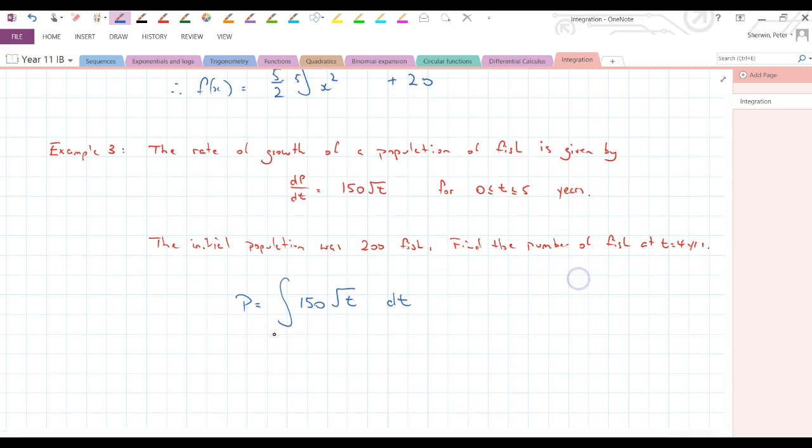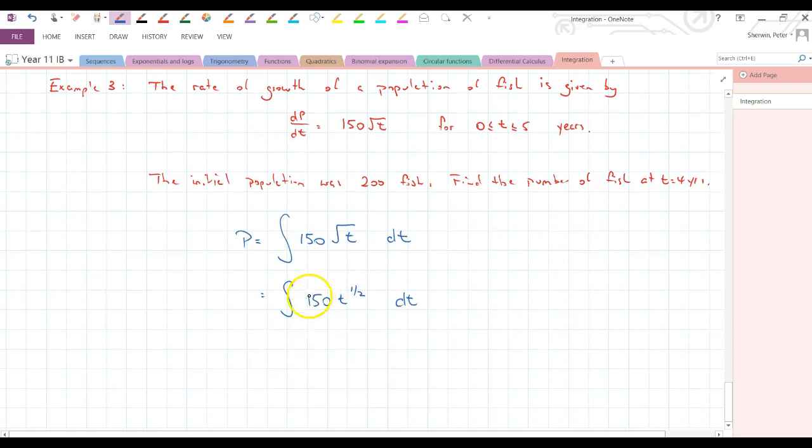Right, so let's do that. Let's firstly get it in integratable form, 150 T to the power of a half dT. When you've got big constants like this, let's get it into better integratable form. Take it out the front so we're not worried about it. You'll often find that you'll have a function to integrate, and it's going to be a lot easier to isolate that constant term.